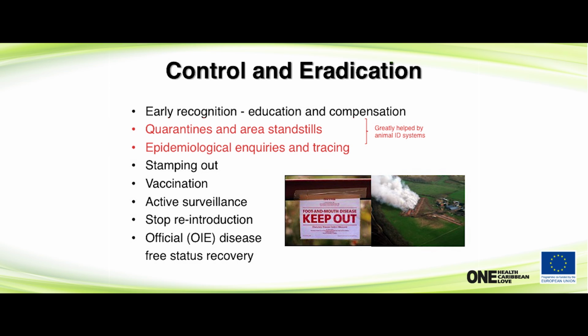So stamping out is used extensively in the developed world. Vaccination is used more extensively in the developing world. You have to have active surveillance to check that your farms are free of foot and mouth disease, and to do various serology to get back your free status.